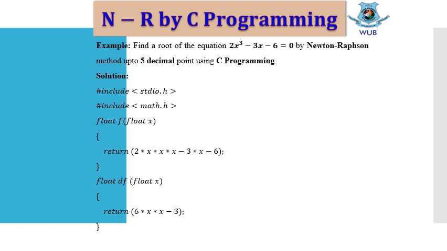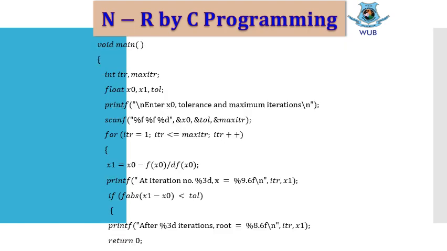Okay, now go to our main function, and we already know that we have to take some input from the keyboard, which is x0, x1, and tolerance. Now we take the input from the keyboard and make a for loop which runs up to the maximum number of iterations.